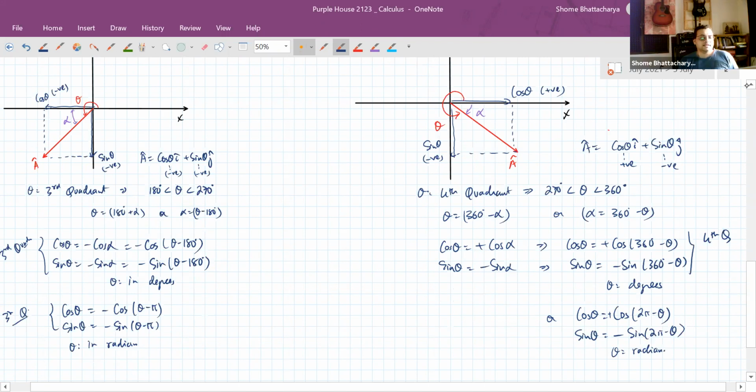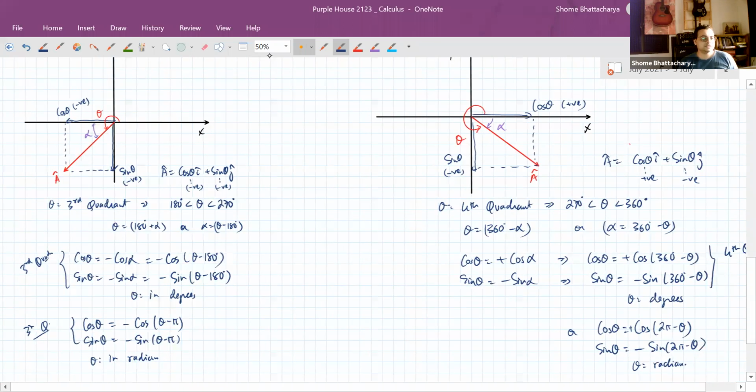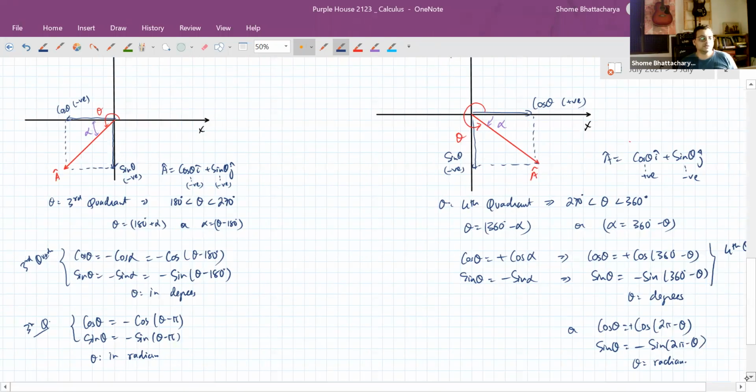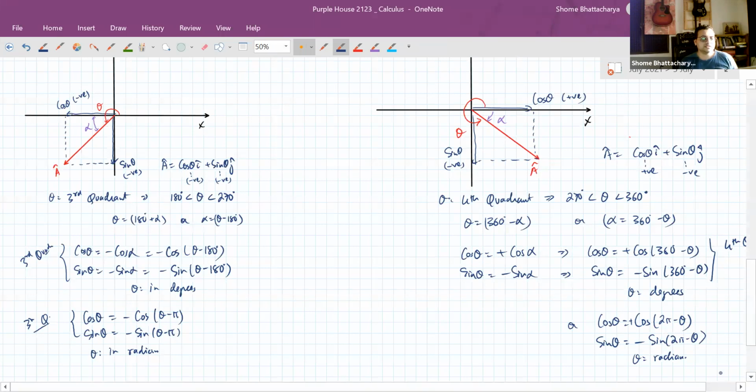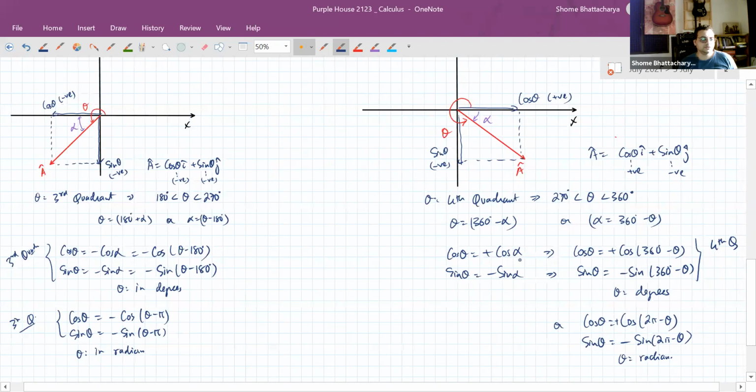So these two are the diagrams explaining the situation, that why sine and cos are both negative in the third quadrant, whereas cos is positive and sine is negative in the fourth quadrant, and how to relate them. Okay, so ultimately, which is the important set of formulae? This set of formulae here and this set of formulae here, and they are rewritten in radian form, so that's nothing very difficult. So whenever we have an angle theta which is between 180 and 270, we use these two formulae.